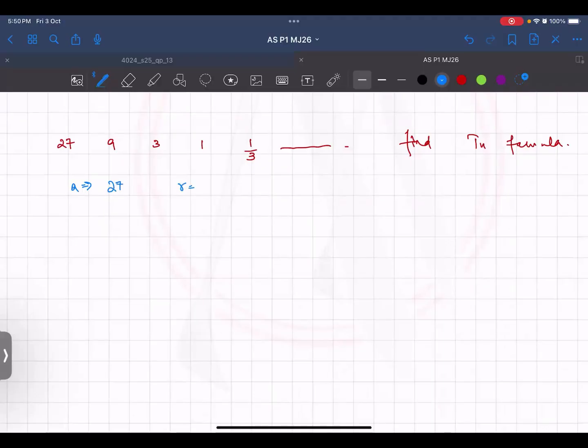And then you have R. R is T2 over T1 or T3 over T2, which will be the same. So 9 divided by 27, which after simplification gives R as 1 upon 3. So now the TN formula is A R to the power n minus 1. So TN would now be 27 times 1 upon 3 to the power n minus 1.